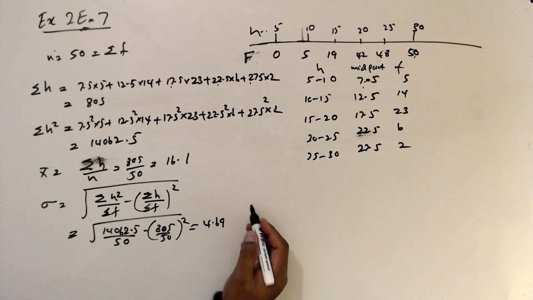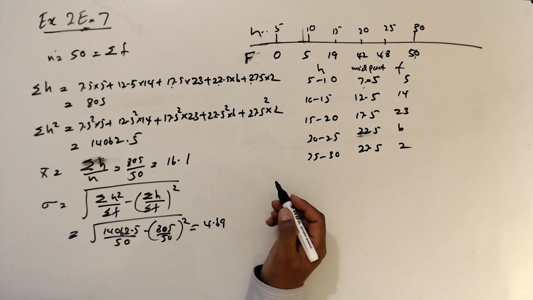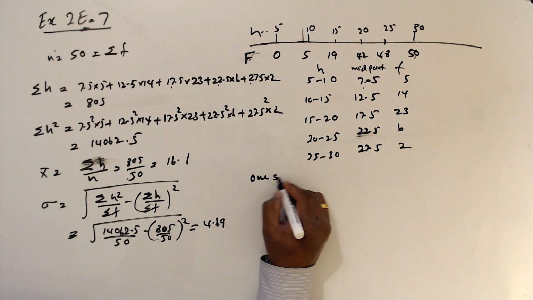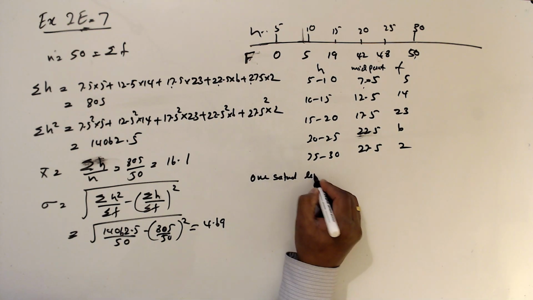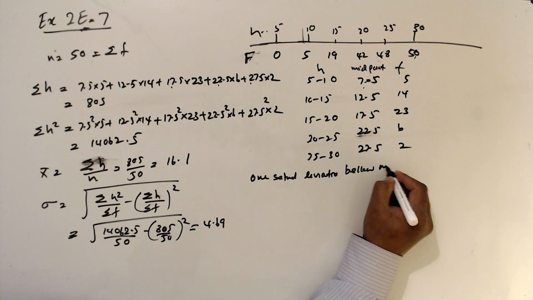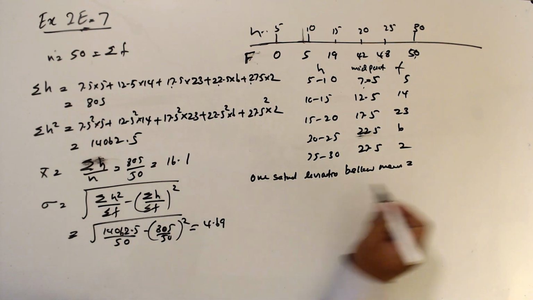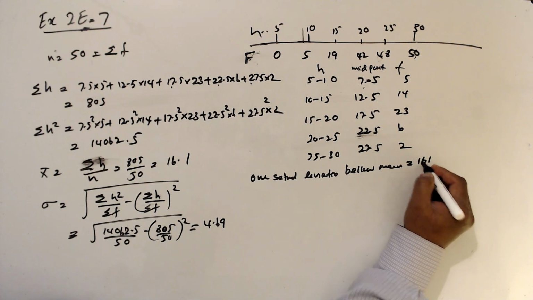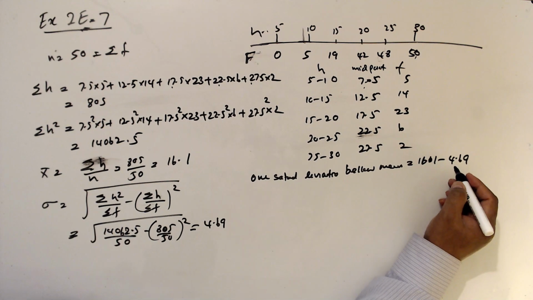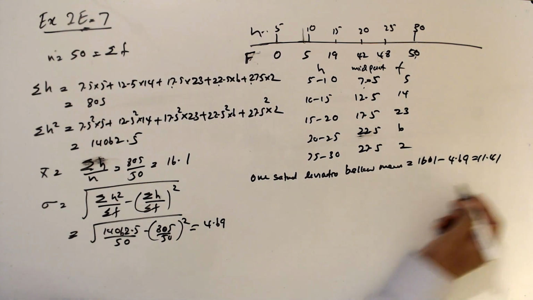So now we want to find one standard deviation below the mean. The mean is 16.1 minus 4.69, which is 11.41.